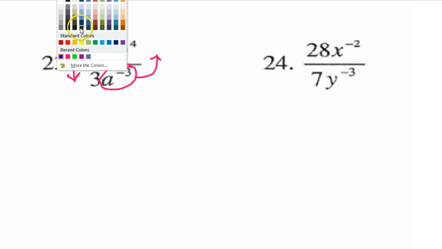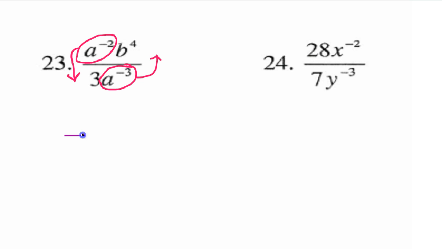The b to the fourth power, that's not moving. It stayed right where it is. This 3, not moving. The 3 does not move with the a. The other two things are moving. So a to the negative 2 power is going to drop down and become a squared. A to the negative 3 power is going to move up and become a to the third power.